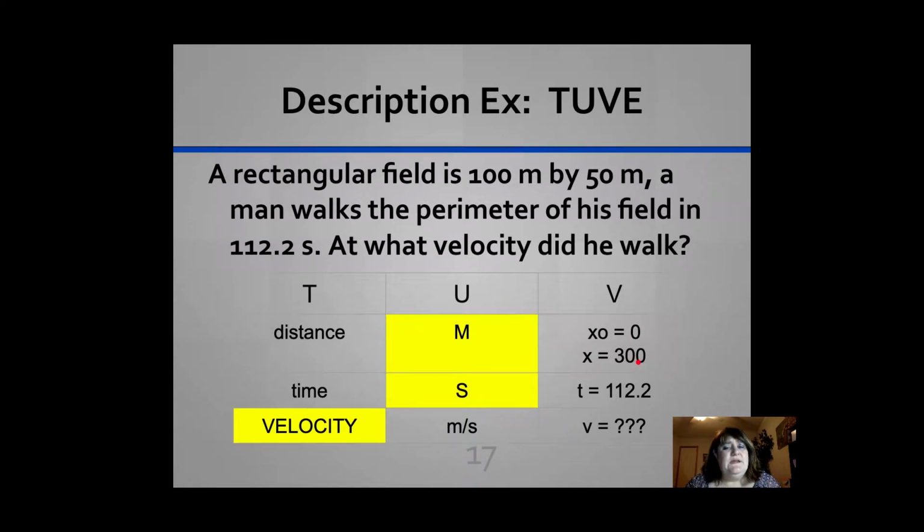X is 300. How did we get 300? Well, look at the problem. It's a rectangular field, the perimeter, you walk all the way around, you went 300 meters. And the time is given in the problem, 112.2 seconds. So what is the velocity then? That's the question. So that's a complete TUV chart for this problem.